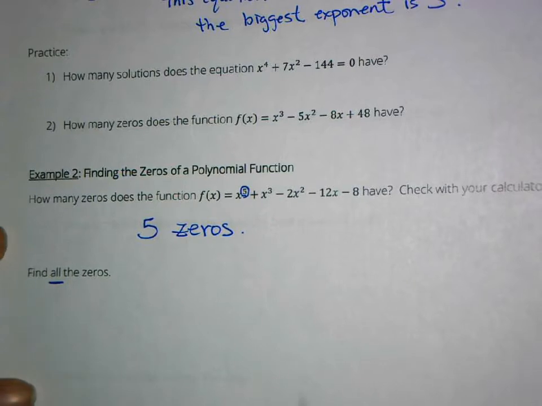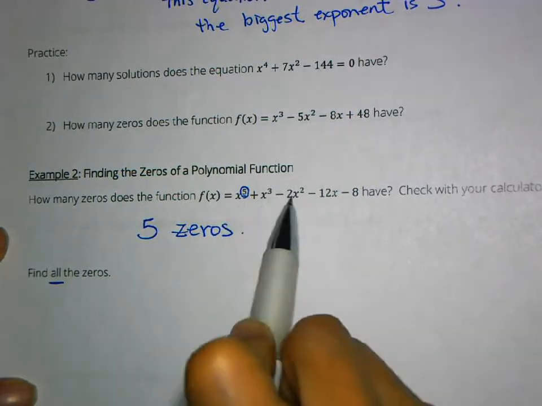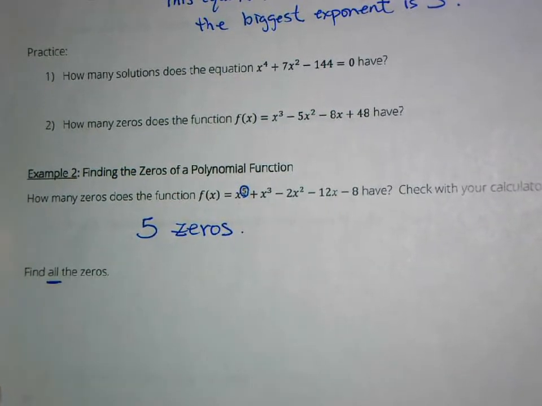The first thing I look at is that there are 1, 2, 3, 4, 5 terms. We have not done any factoring with 5 terms, so the first thing I'm going to do is take my calculator and graph this equation to help me find one of those zeros.